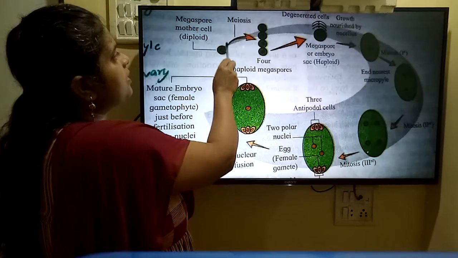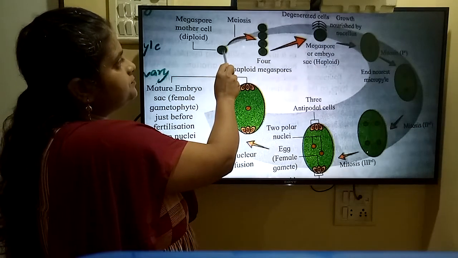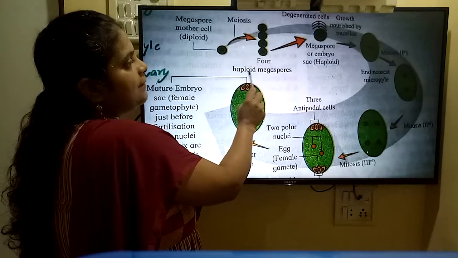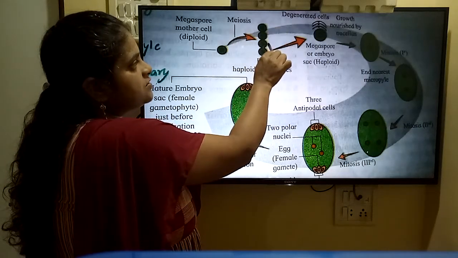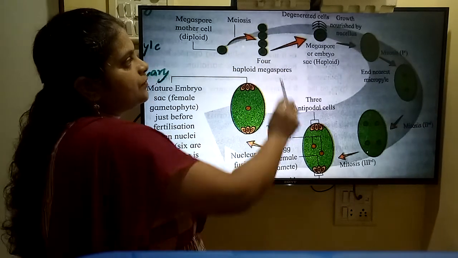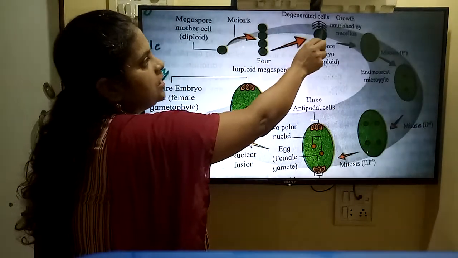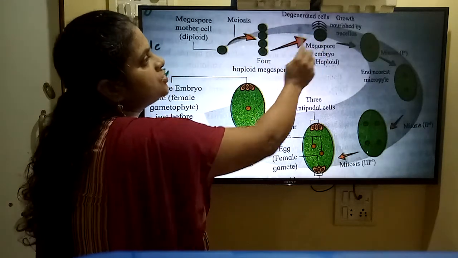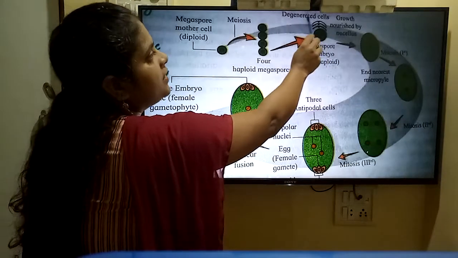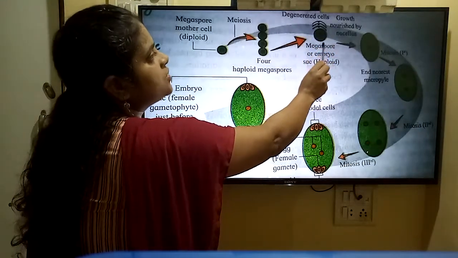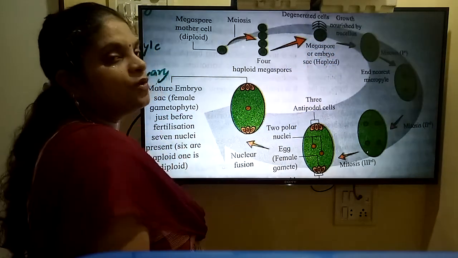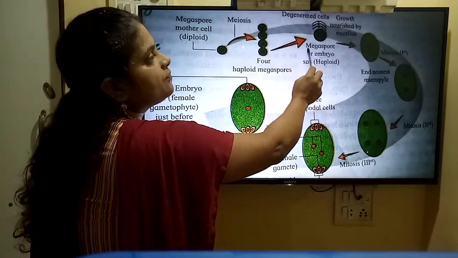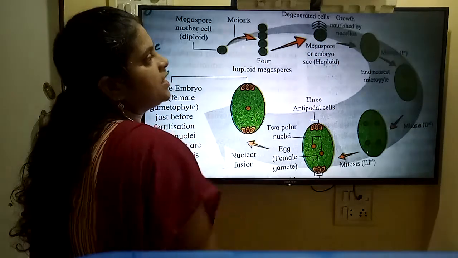This is the megaspore mother cell, which undergoes meiosis and produces 4 haploid megaspores. The first 3 degenerate or abort, and the lowest one is functional. Why do they degenerate? Because the functional megaspore needs food. So the first 3 give nourishment to the lowest megaspore.